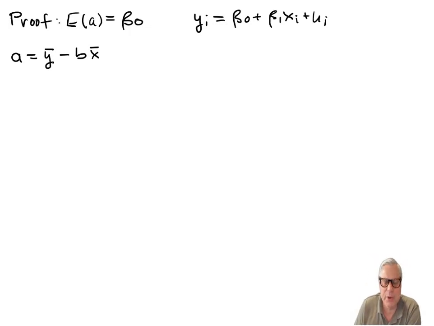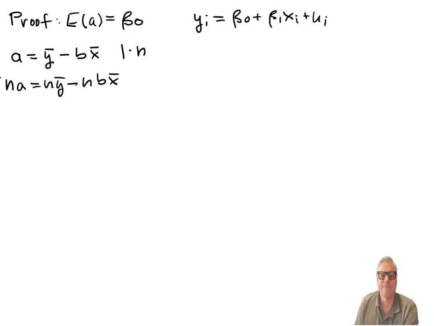The way to do that is we start with a trick. We multiply both sides by n, and then we get here na equals n times y bar minus n times b x bar. Okay, so now n times y bar is nothing else but the sum of all the yi's that I have.